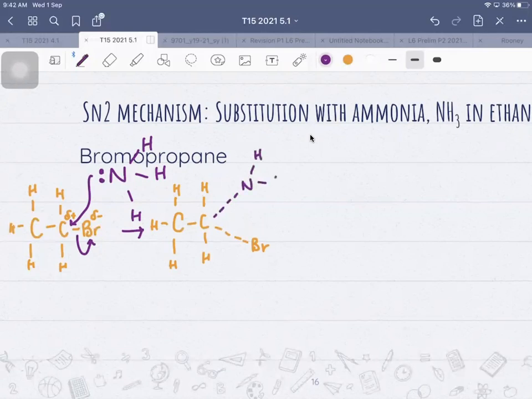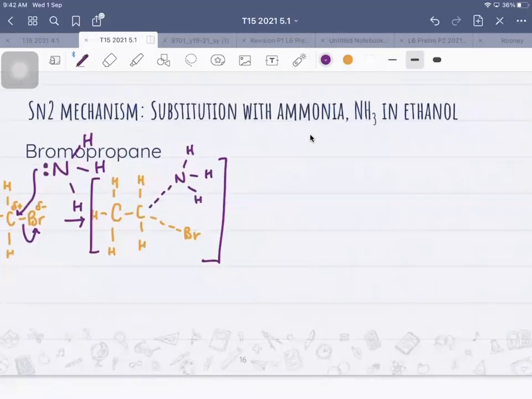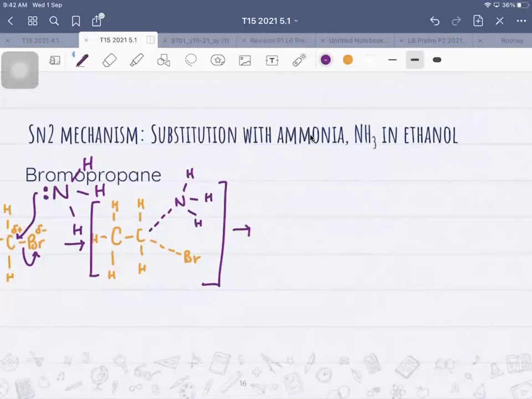Carbon-nitrogen bond is in the process of making. Again, if you want to draw the square bracket, it is optional. Next, after the transition state, you don't have to show any bracket. Naturally, the bromine will leave the group and the carbon-nitrogen bond will be formed.